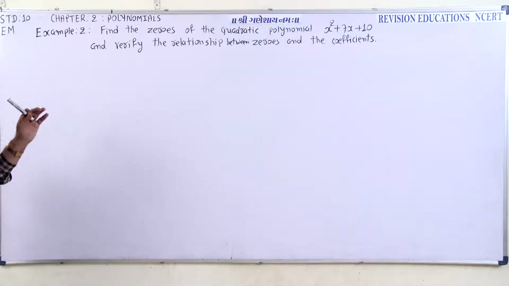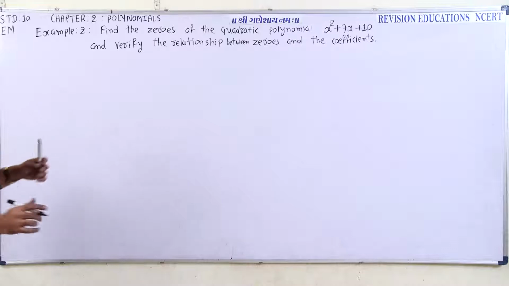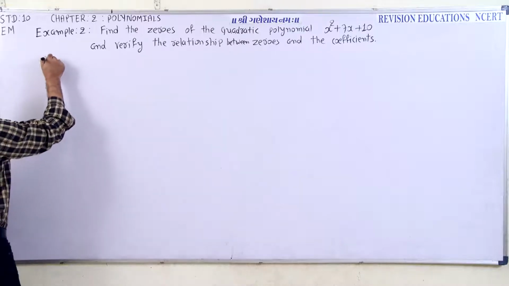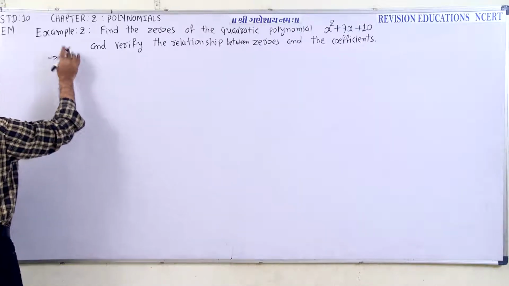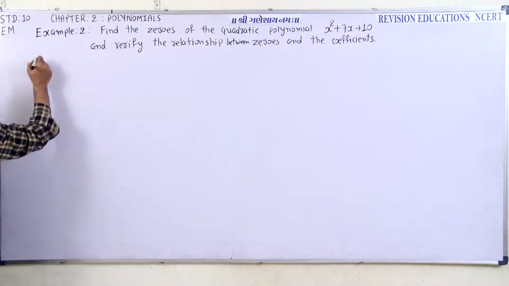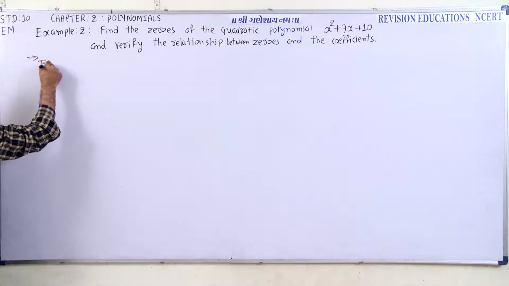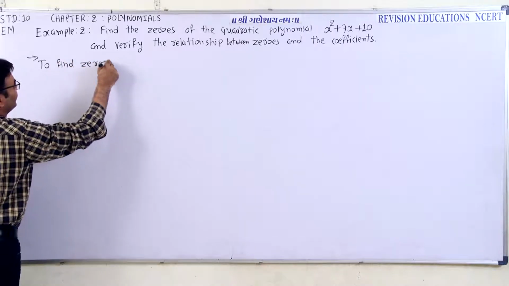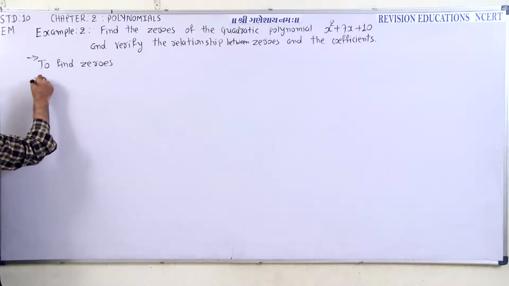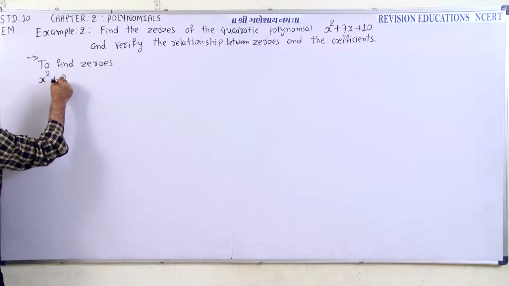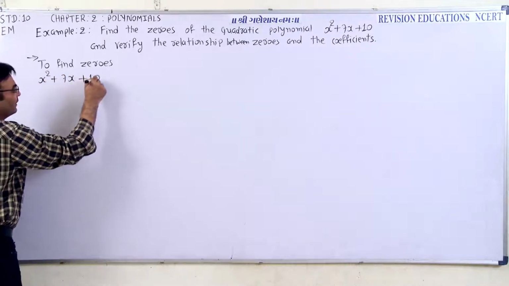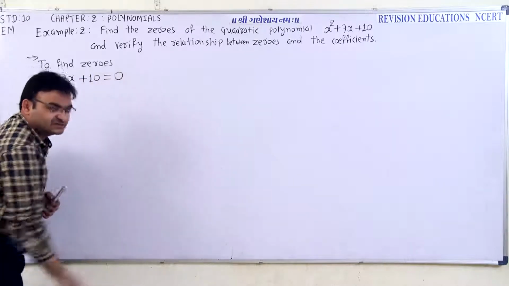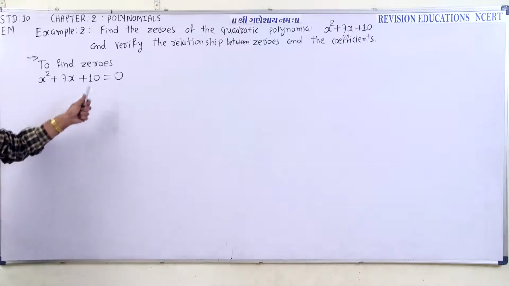Friends, here first we find zeros. To find zeros, we take x square plus 7x plus 10 is equal to 0.